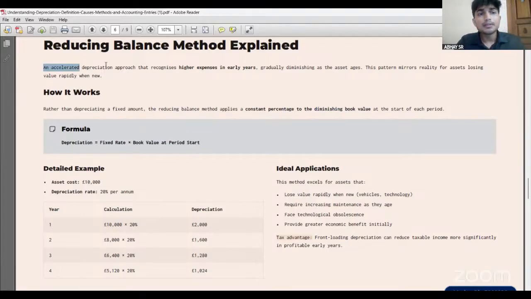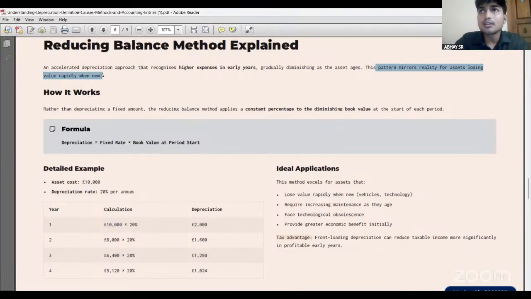An accelerated depreciation approach that recognizes a higher expense in early years, gradually diminishing as the asset ages. This pattern mirrors reality for assets losing value rapidly. When we have a car, it loses its value over time, right? As we use it, it loses its value.